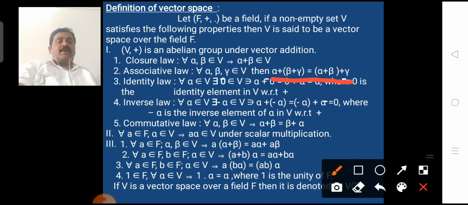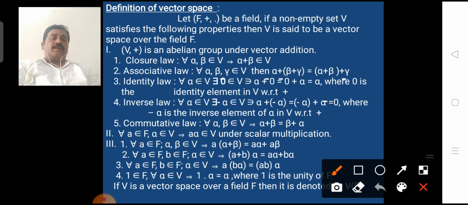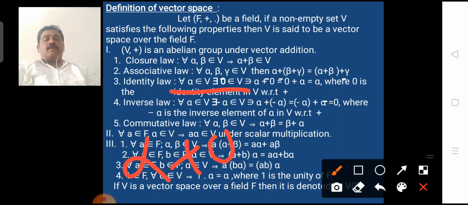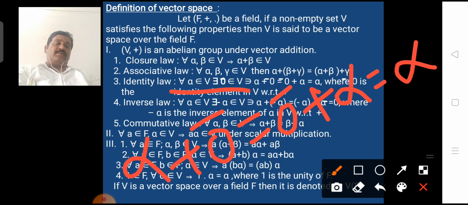For each alpha belongs to V, there exists 0 bar belongs to V such that alpha plus 0 bar, that is equal to 0 bar plus alpha, equal to alpha. Here 0 bar is called identity element in V with respect to vector addition. This is called identity law.